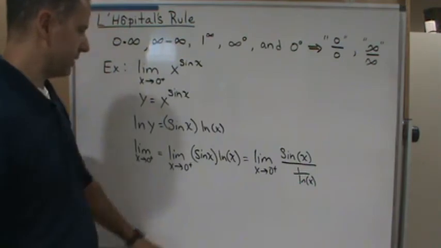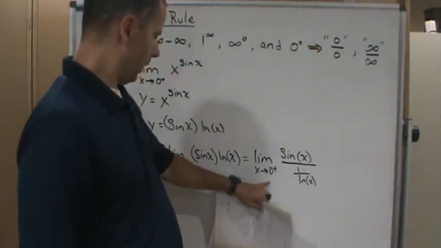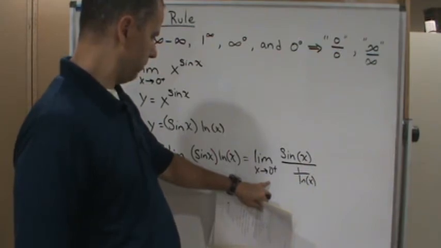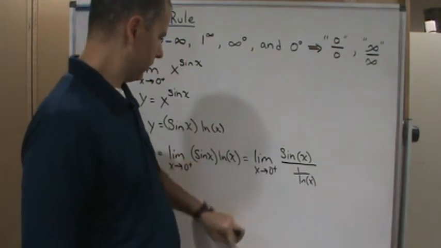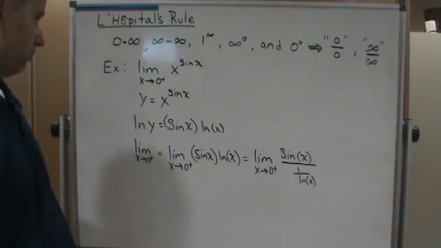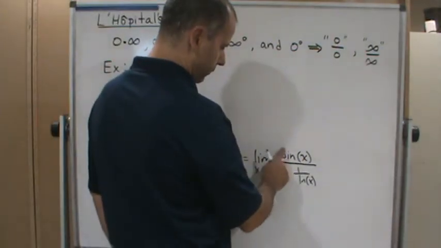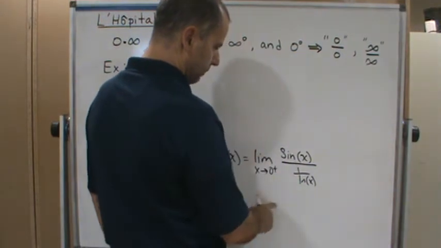And now if I take this to 0, if this is going to 0, I get 0 on the top.